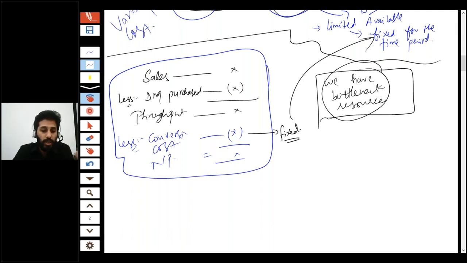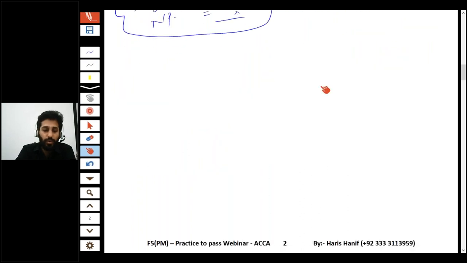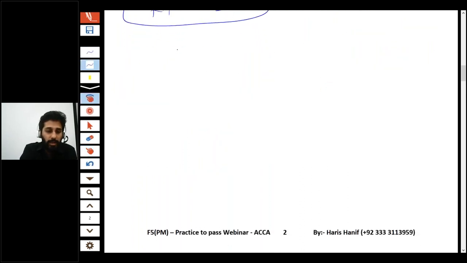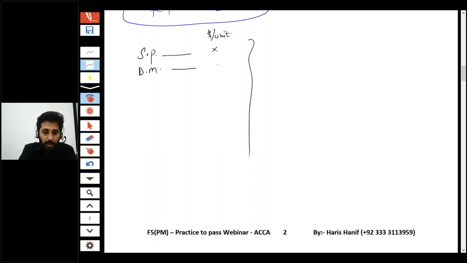So what you are supposed to do: you will be calculating selling price per unit, and direct material, again per unit. Now you will have throughput per unit, and you have to divide.